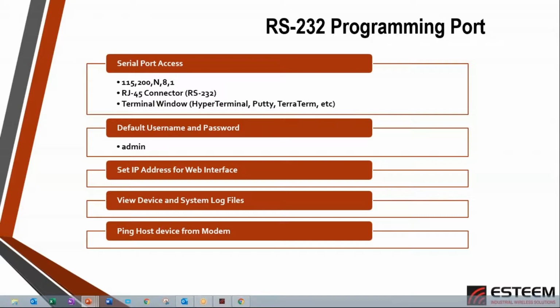It is at a fixed data rate, so it will always be at 115,200, no parity, 8 data bits, 1 stop bit. You're going to go into the RJ45 connector, which is listed as RS-232 programming, which we saw in the previous slide. Any terminal program works, whether an older HyperTerminal or Tera Term. A lot of serial communication is done through PuTTY now because it's an open source engine.